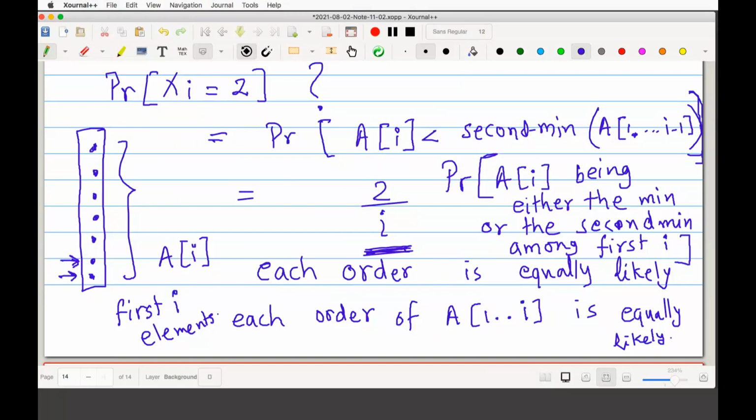If you don't want to think like that, it's fine. You can also think that each of the n factorial orders is equally likely, and then the probability that the minimum or the second minimum among the first I lands up at the ith position is 2 by I.